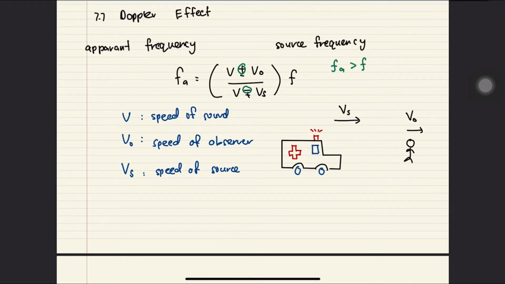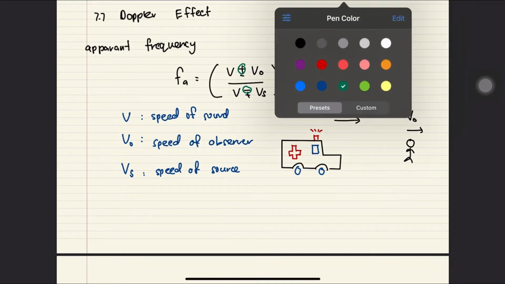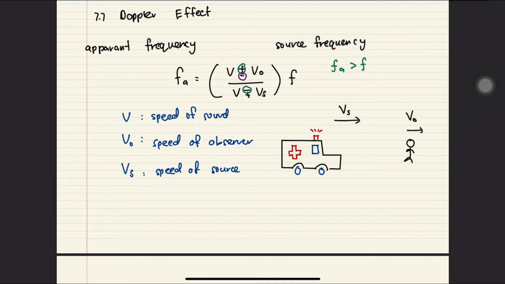If the apparent frequency, the one that you hear, is lower, like the ambulance is moving away or you are running away from the source, then you use the bottom one. I change the color to make it more obvious.